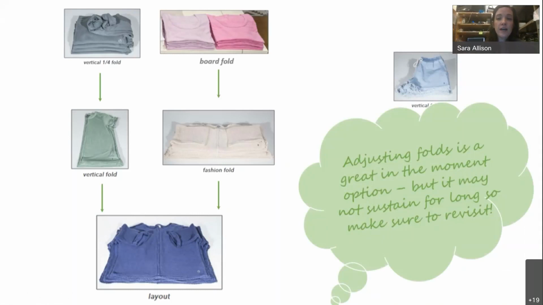Again, just reiterating that adjusting folds is great in the moment, but it's not going to sustain your presentation for a long time, and it's really just spreading product around. So I think the more impactful thing to your business would be to add another item rather than just spreading out the same item. But again, in the moment, it's a great little solve.